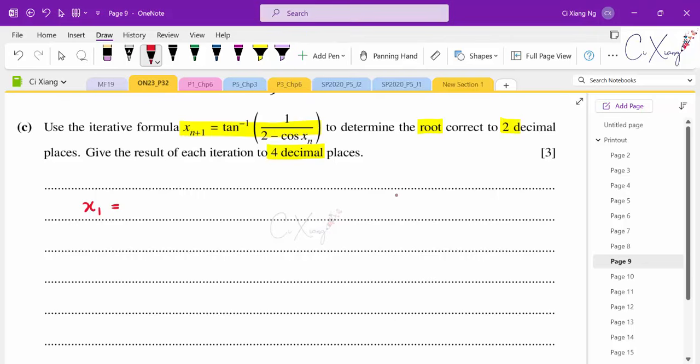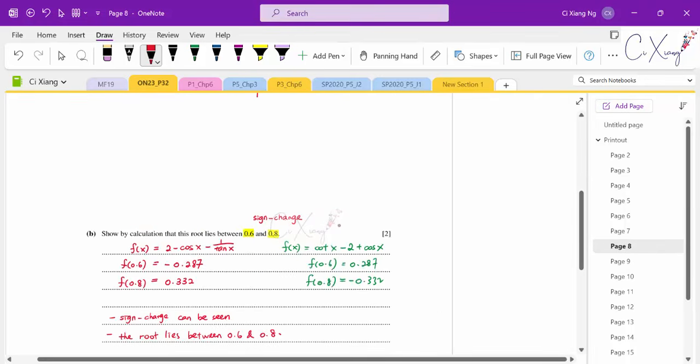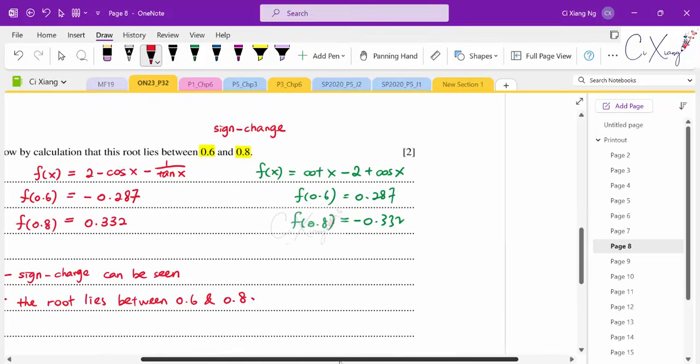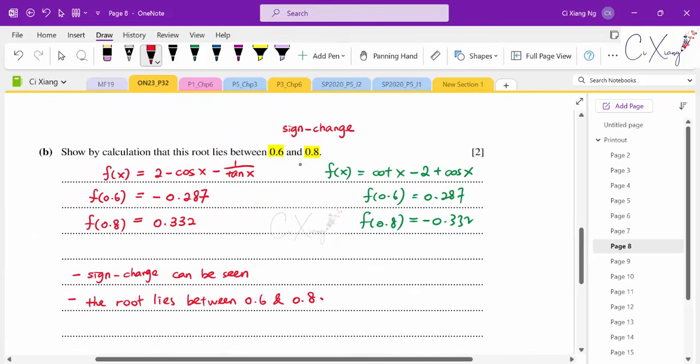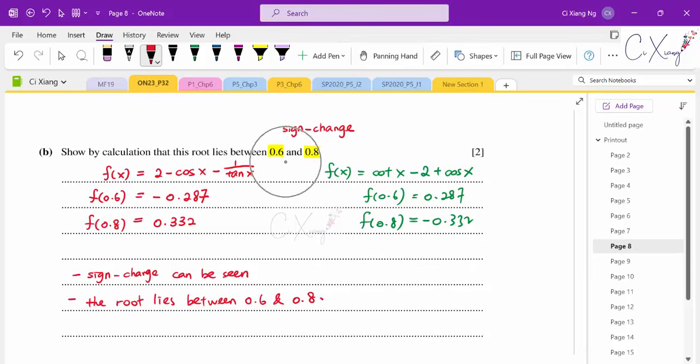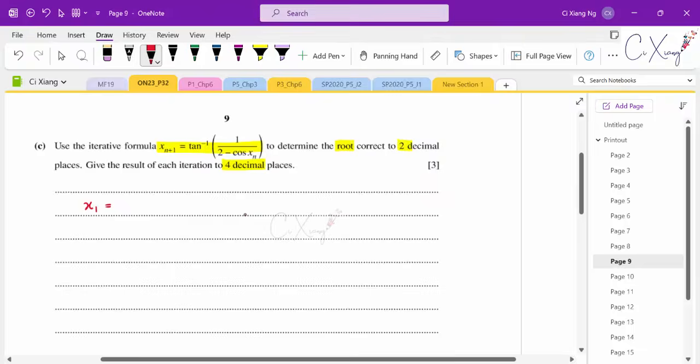So what we are going to do now is decide one initial value on our own. To get the initial value, I can actually refer to part B, because I know that my root is very close to 0.6 or 0.8. So usually I will use these values as a reference to decide my initial value.